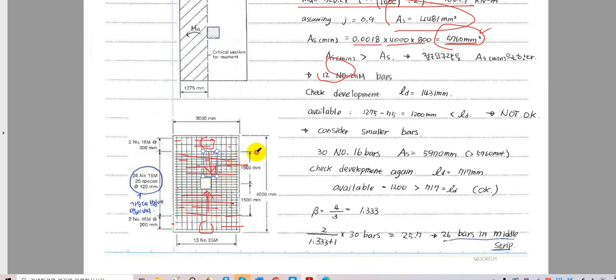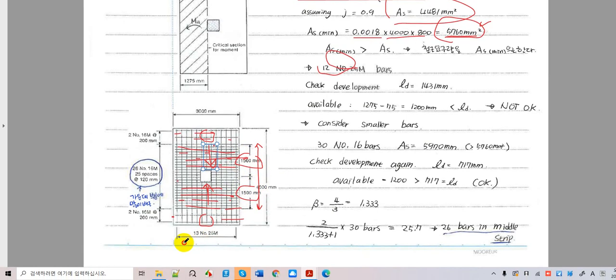And we have to calculate this distance, and this distance is called a middle strip in this particular design case. The middle strip is half of 1500 and half of the strip here, half of this 1500, half of that 1500, right? So the middle strip becomes 3 meters right here.